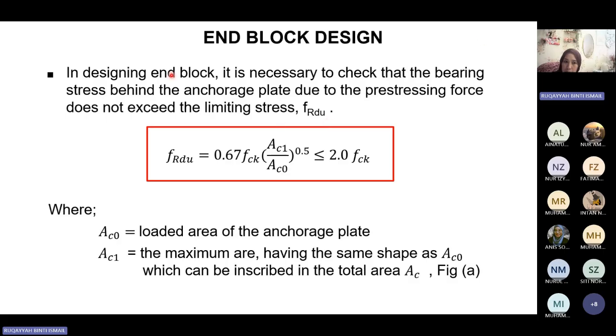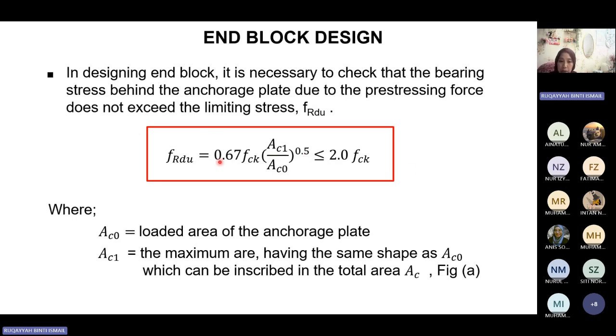The limiting stress can be calculated by taking 0.67 fck multiplied by the square root of Ac1 divided by Ac0, that is, to the power of 0.5.